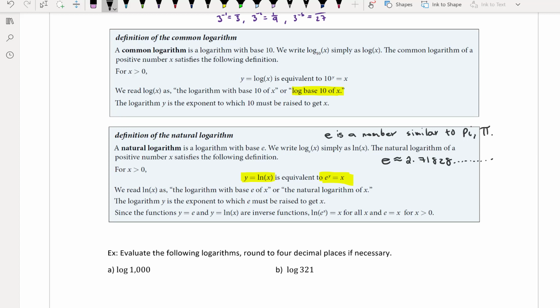And just in case you needed the reminder, pi is never ending, never repeating, and that's 3.14159, and it keeps going on forever. So just know that both of those numbers are irrational. They're decimals that don't repeat, and they never end. All right, so ln is kind of the inverse of e.